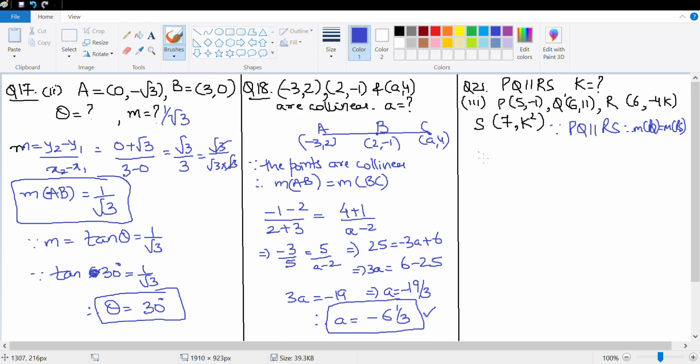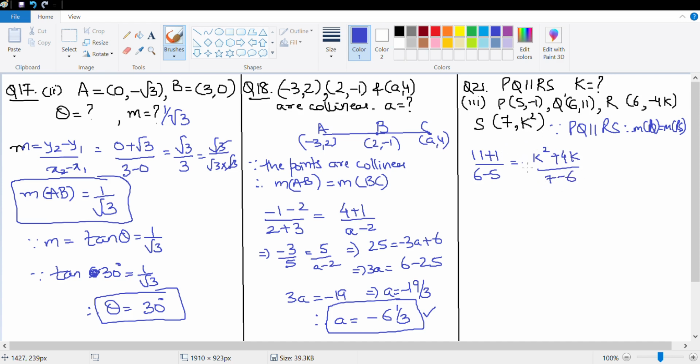So slope of PQ will be equal to 11 minus negative 1, which means 11 plus 1 upon 6 minus 5. This will be equal to slope of RS. So S is K square minus 4K, which means K square plus 4K upon 7 minus 6.